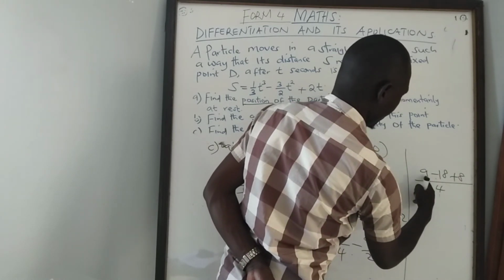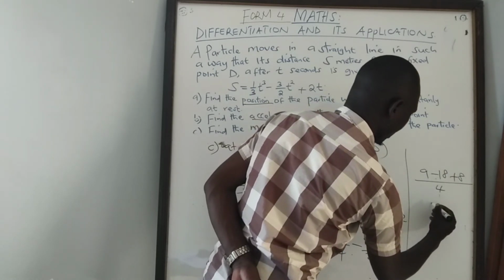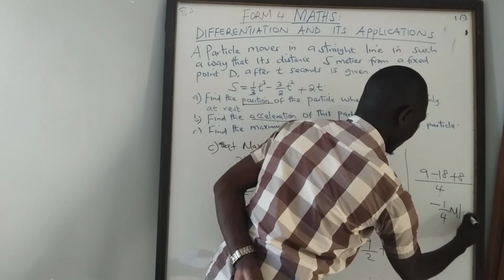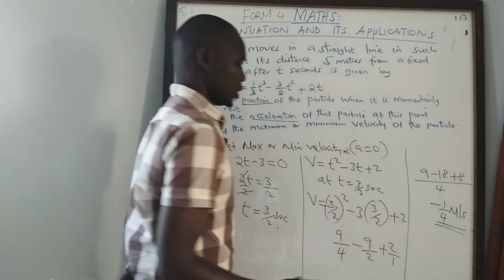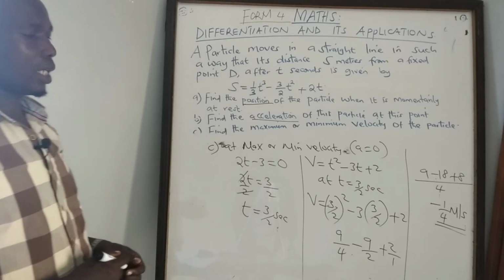From here we know this is 9 plus 8, which is 17. 17 minus 18, we are going to have negative a quarter, and this is meters per second because velocity is usually measured in meters per second, and that is how that question is done.